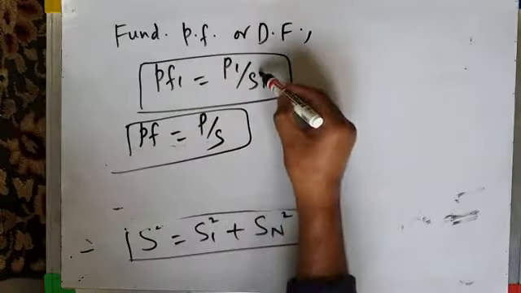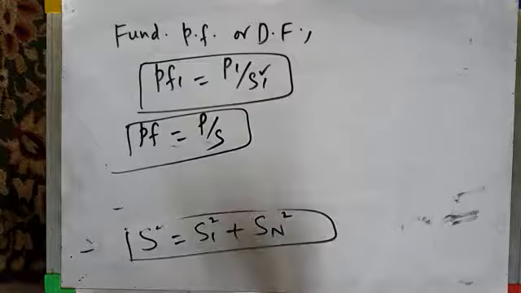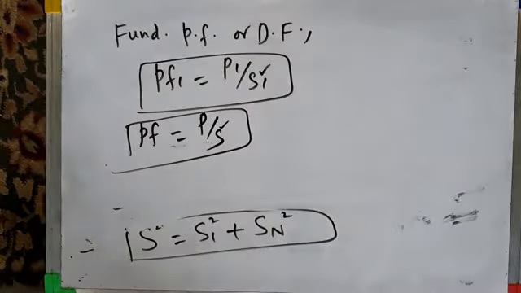Now this apparent power is not only because of fundamental components. This apparent power will have the fundamental component, DC offset, harmonics and all that.